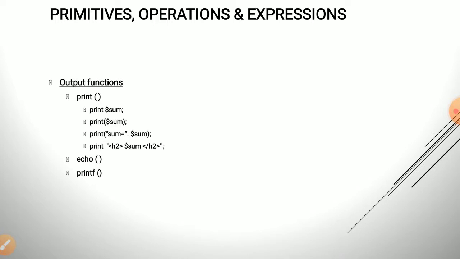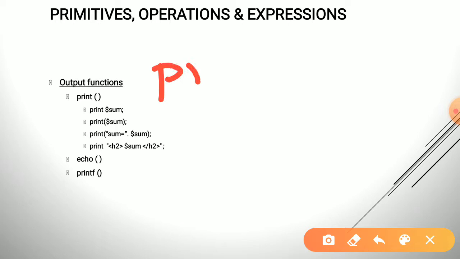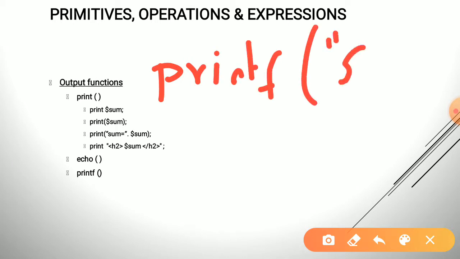The next one is the printf function. PHP borrows the printf function from the C language. We know the format of printf in C, and the same format is followed here. We can write like this, printf.